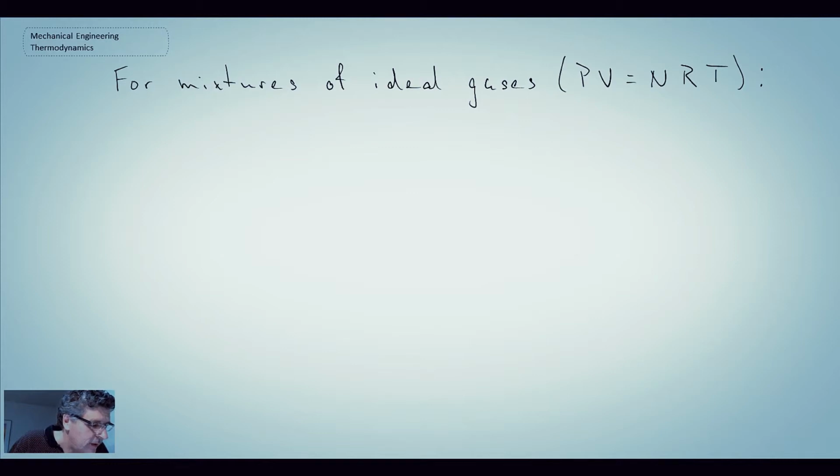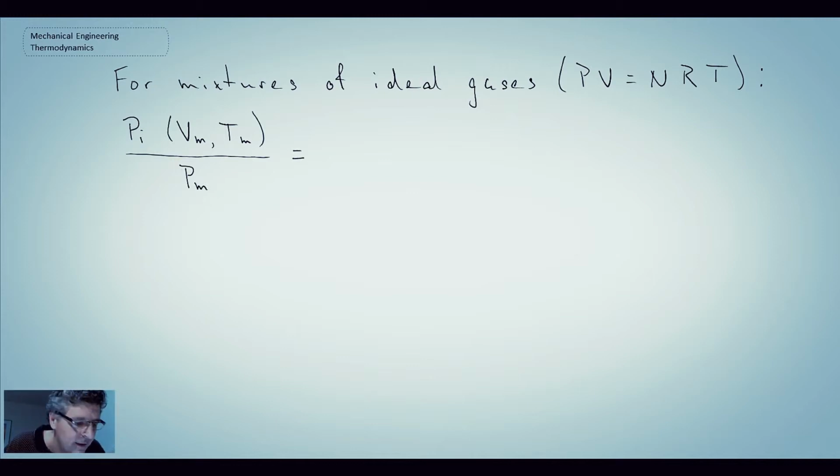And what we're now going to do is write an expression using the ideal gas equation for a component, and we're also going to write an expression for the mixture, and we're going to divide them by one another. So we'll begin with pressures. So if we have a component pressure at volume M and temperature M, that's the mixture volume and temperature, and we're going to divide that by the pressure of the mixture.